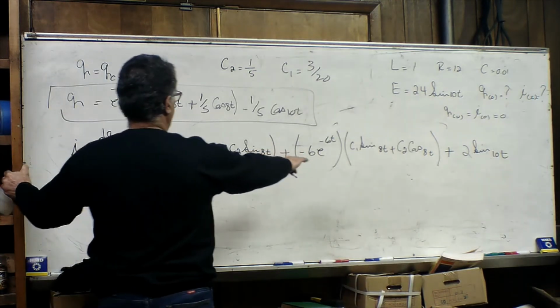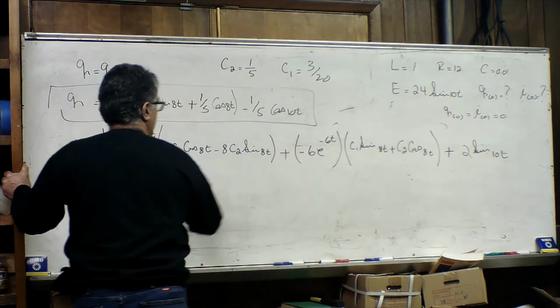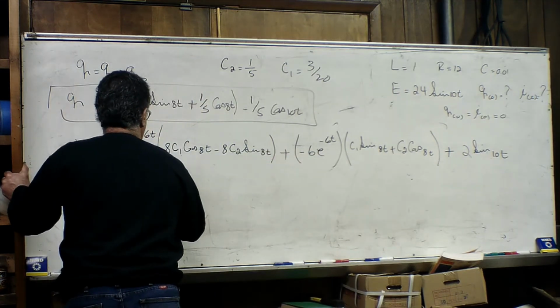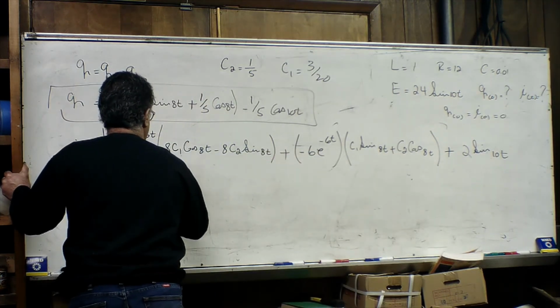We can go ahead and factor out e to power minus 6t.